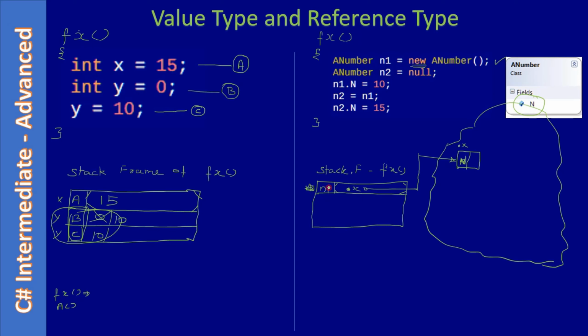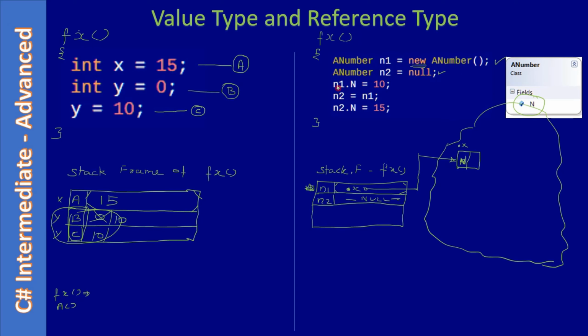So there will be some space allocated for the reference variable n1, and the content of n1 is the address location in the heap, and in that heap location we have a slot reserved for this integer n. Here we have one more, n2. n2 is pointing to nothing, so the bit patterns are null. That means it is not pointing to any heap location at this moment when we execute this statement.